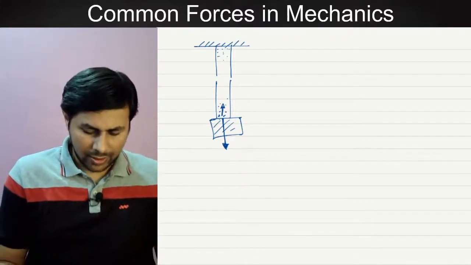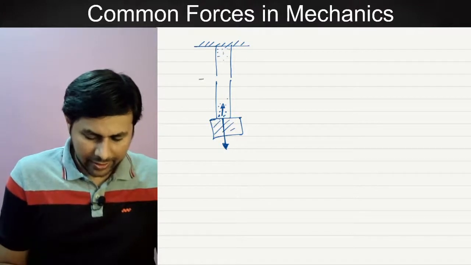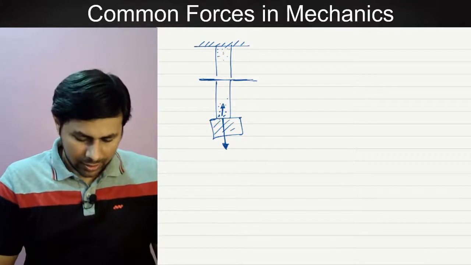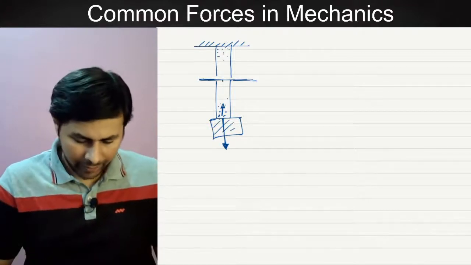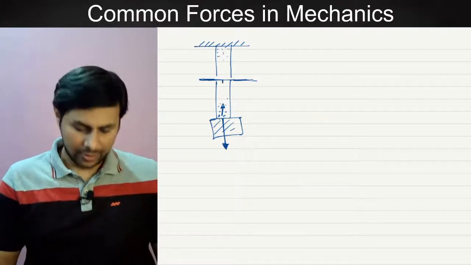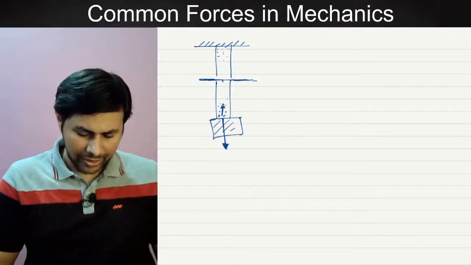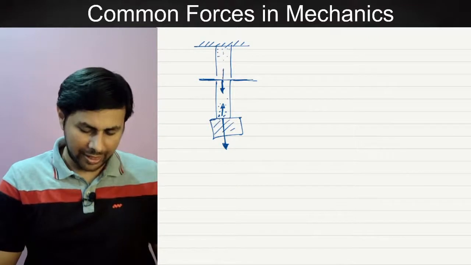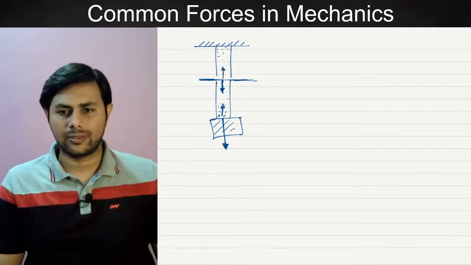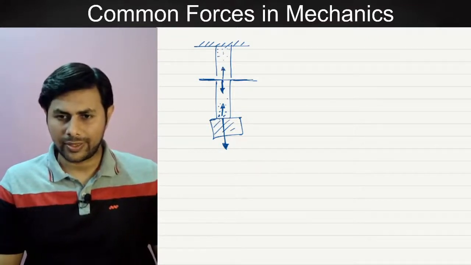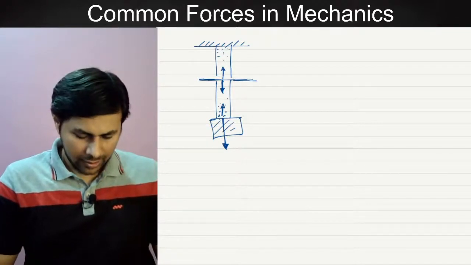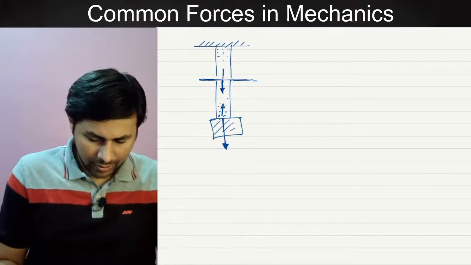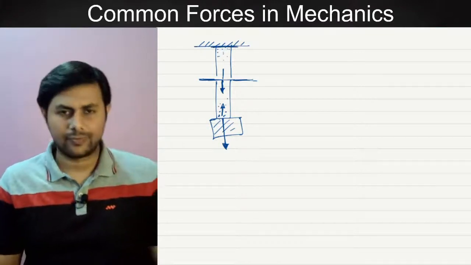So let's suppose we break this string at this point. So here the weight will be acting downwards, so tension will be acting upwards. Okay, but now what will happen over here?